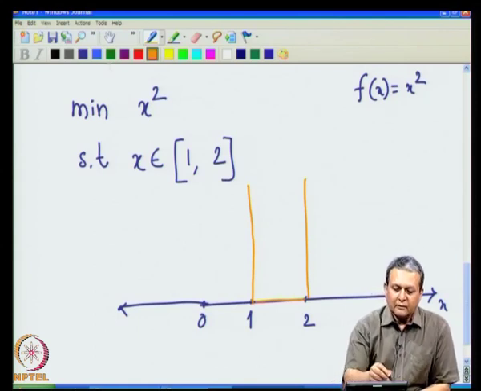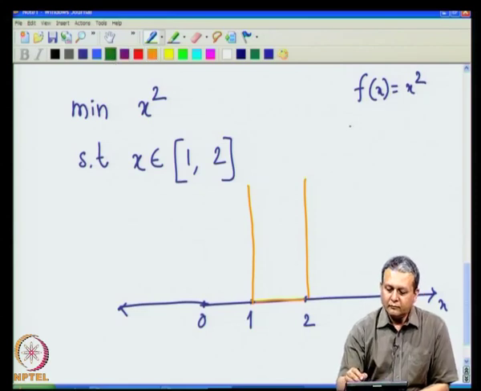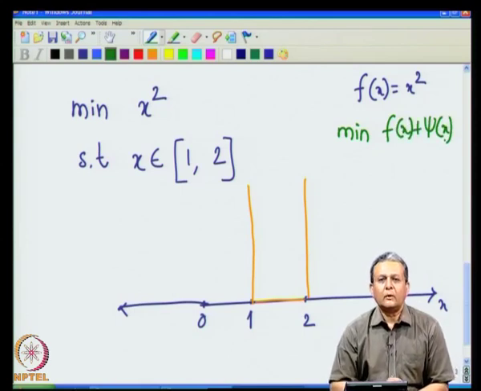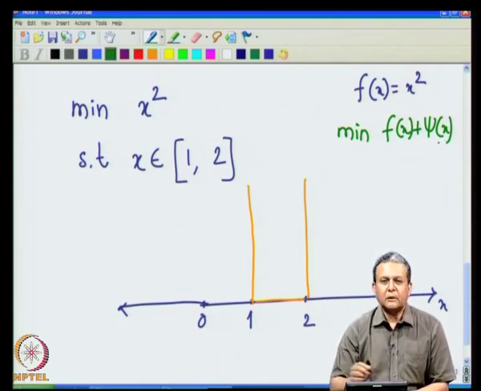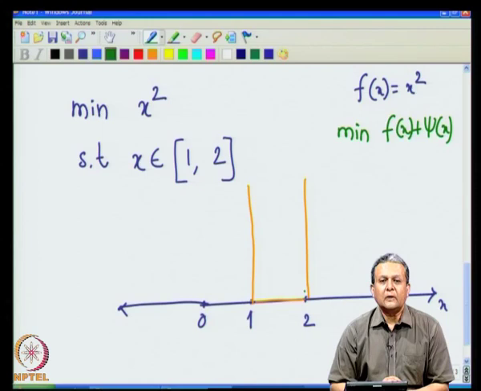So, if we want to minimize this f x plus psi x, where psi x is plus infinity outside the boundary of this feasible region, you will see that numerically it is not possible, because plus infinity cannot be indicated using a number in a computer.